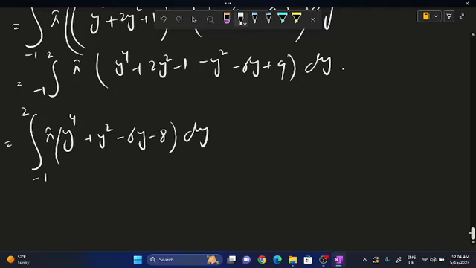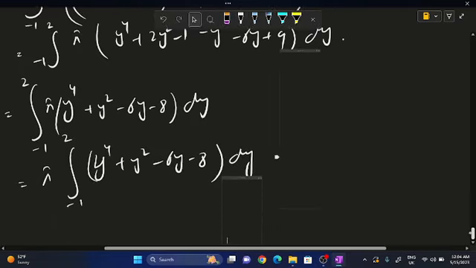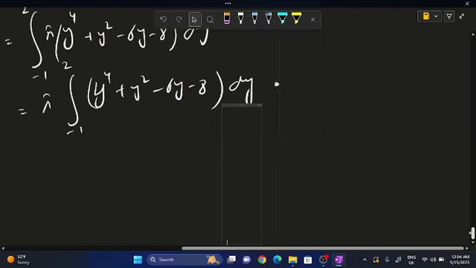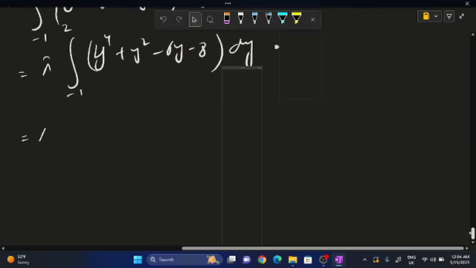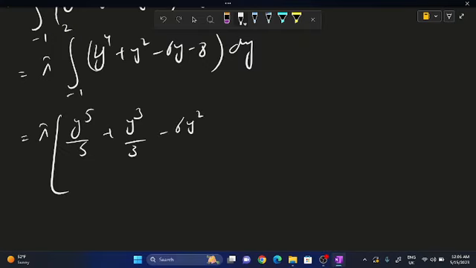Now you can solve this integration by using the power rule of integration. Pi is taken outside. -1 to 2 y raised to the power 4 plus y square minus 6y minus 8 dy. Apply the power rule of integration. That would be pi of y raised to the power 5 over 5 plus y cube by 3 minus 6y square by 2 minus 8y.